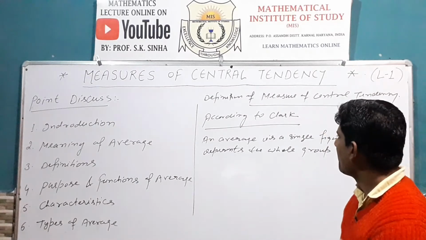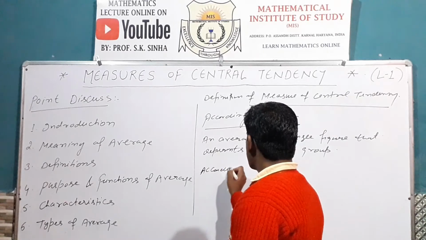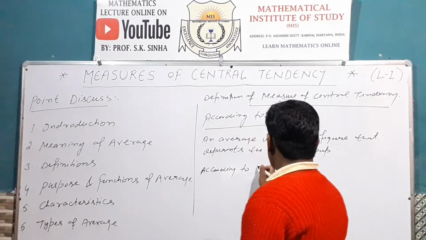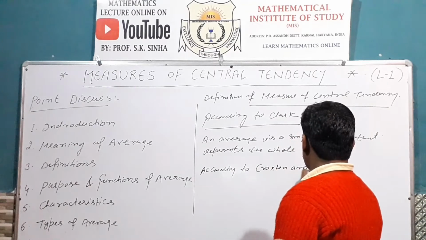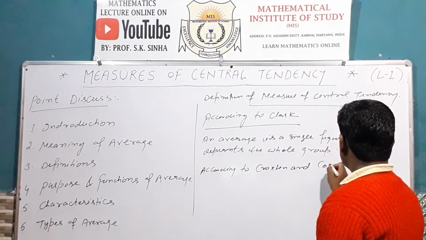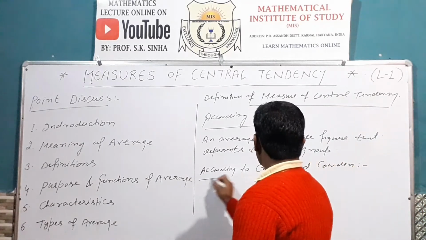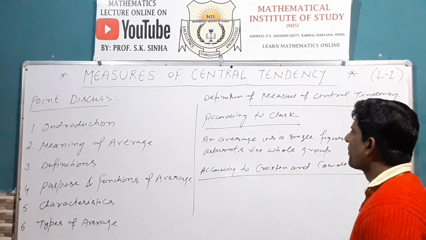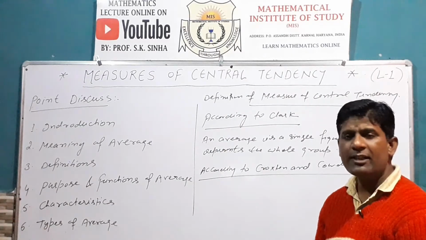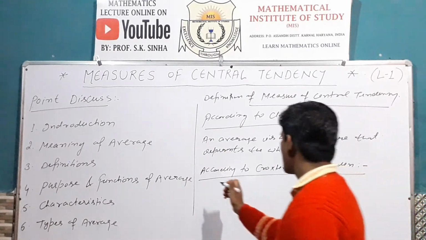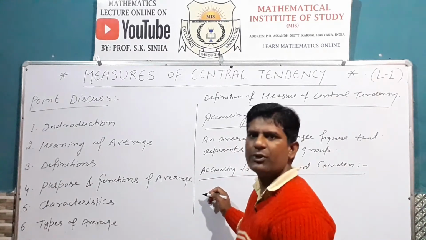Right, students? And number two, according to Croxton and Cowden. Okay, these are other scientists. According to Croxton and Cowden, write down please, and this is a very important definition for you.